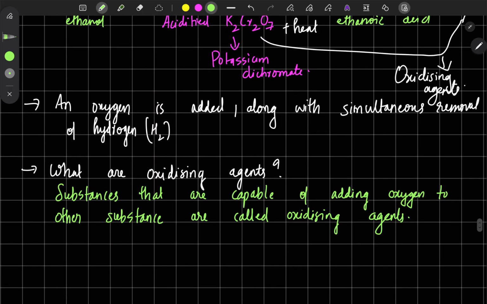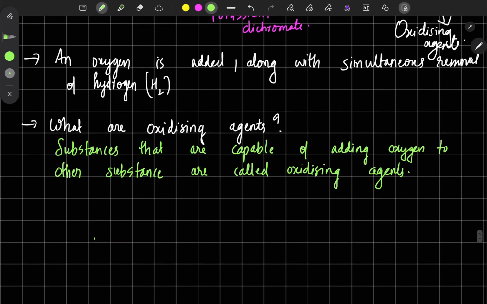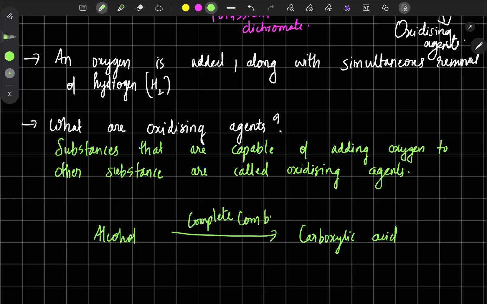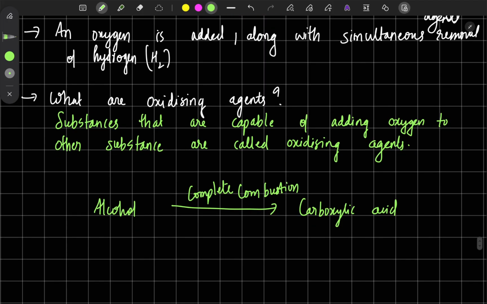Also remember one more thing: ethanol is an alcohol. Alcohol will convert into ethanoic acid, which is a carboxylic acid, but only under a condition: there should be complete combustion. Complete combustion means there should be enough oxygen and appropriate conditions, temperature, everything.